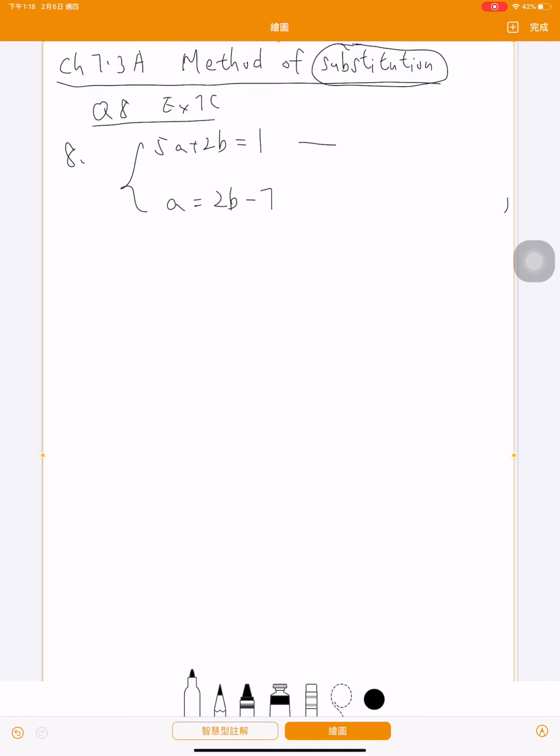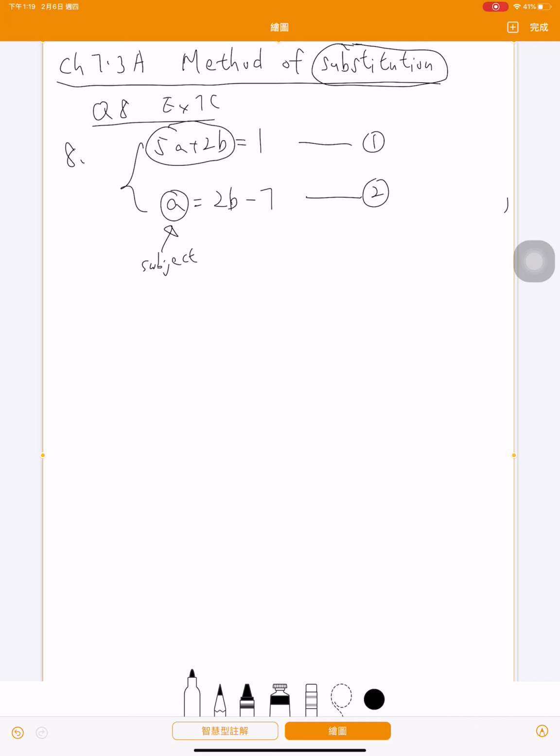So again, call this first equation, second equation. This time, a little bit different, because last time both left-hand sides were x or a, but this time only in the second equation, a is the subject.